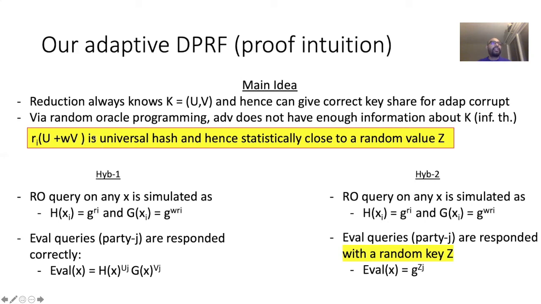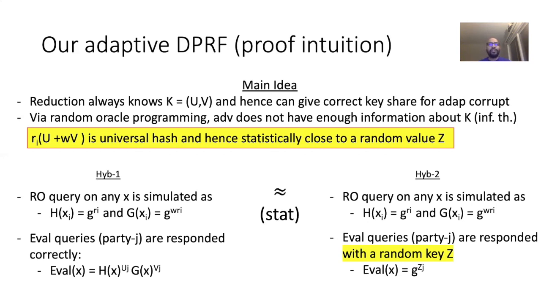Now this is like a universal hash function, as long as u and v are randomly chosen and are the key of the hash function, while R and W are the inputs. Since it's a universal hash function, it is statistically close to a random value z, so it's okay to instead just sample a key zj and exponentiate the generator. That's why these two experiments are statistically indistinguishable.